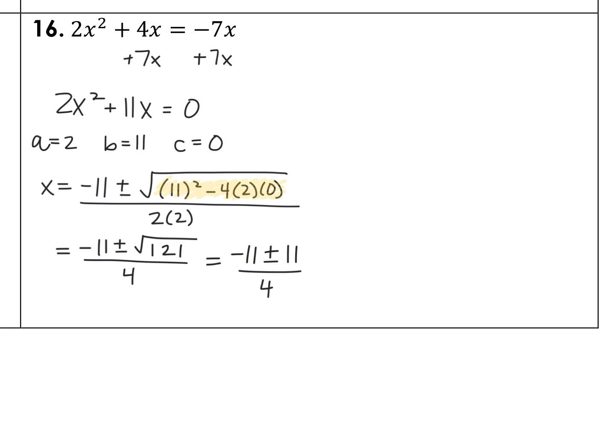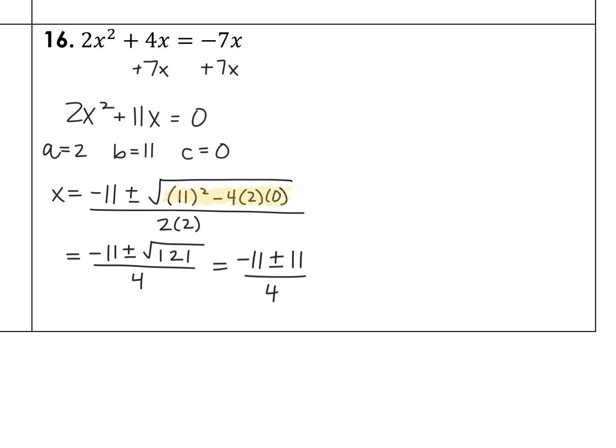All right, this gives you two things. Because the root is gone, you can't leave it like that. It's tacky. We've been talking about this. You actually got to get two answers. Two rational numbers, so two fractions, at least to start. You've got negative 11 plus 11 divided by 4. What's negative 11 plus 11? 0. And what's 0 divided by anything? 0.